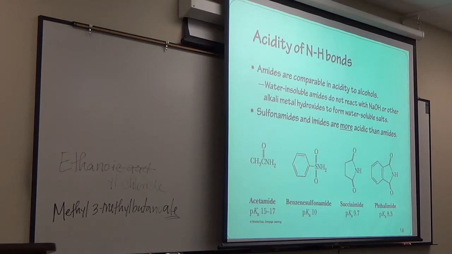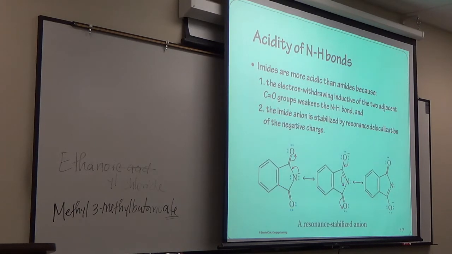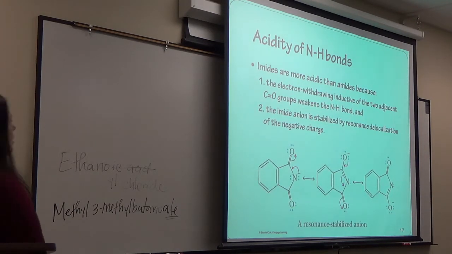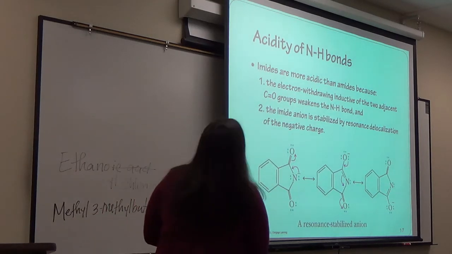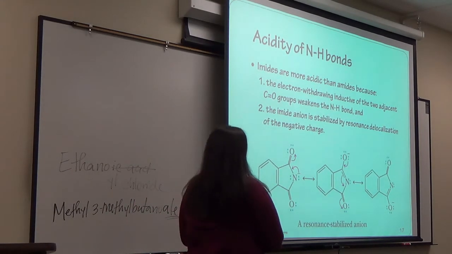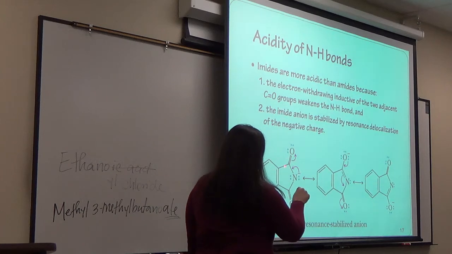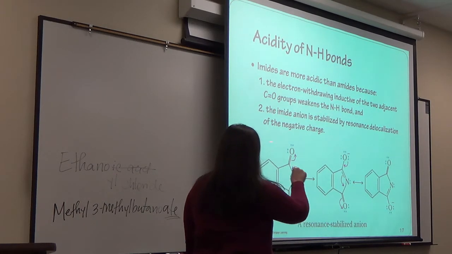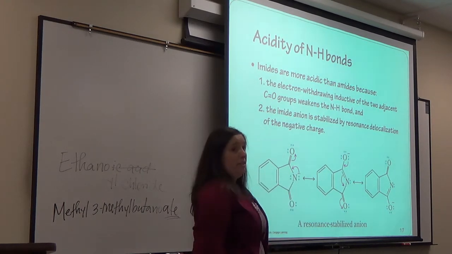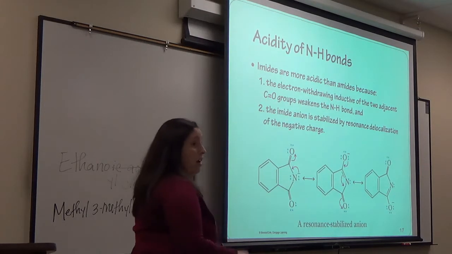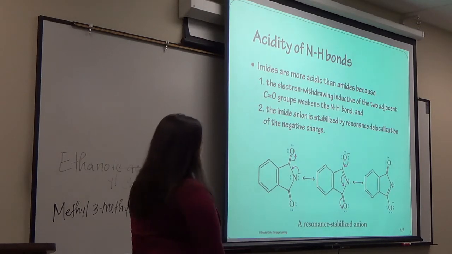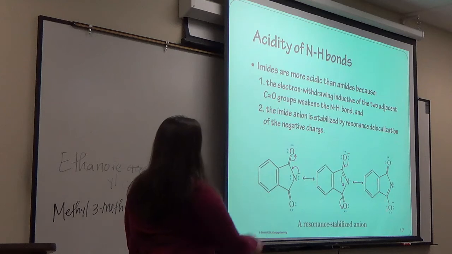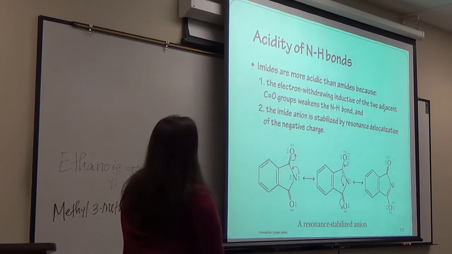So you can do a number of acid-base type reactions with these. For instance, the imide shown here is not only between two carbonyls, but you also have the double bonds from that benzene ring, so there's a lot of opportunity for resonance structures.